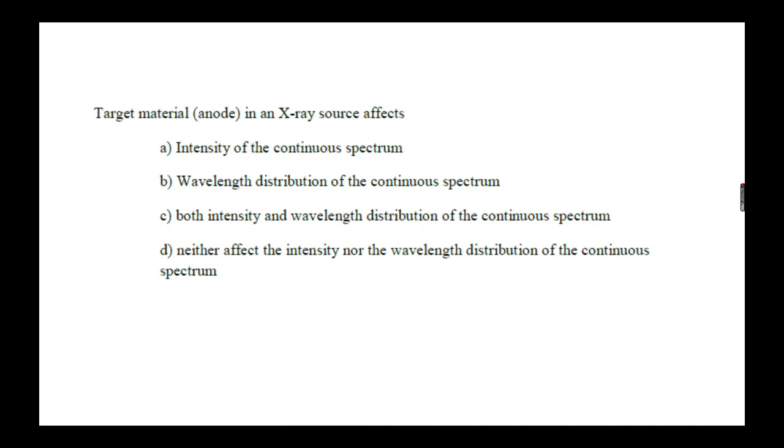Okay. Anyone else wanted to correlate, or just think about the target material? There are different kinds of target material. Suppose we use copper or molybdenum or something else, then what will happen? In that way, it will be easier for you to understand this. So maybe the intensity of the continuous spectrum. Which one?